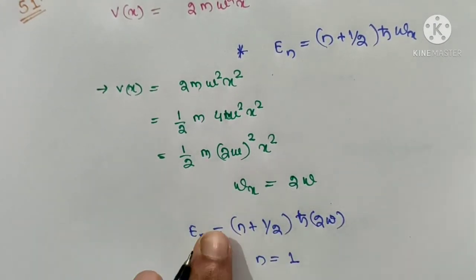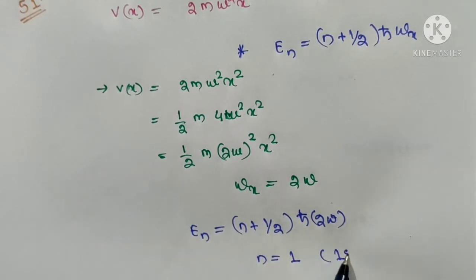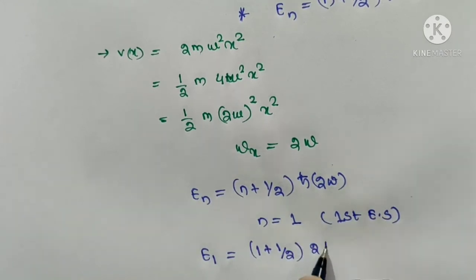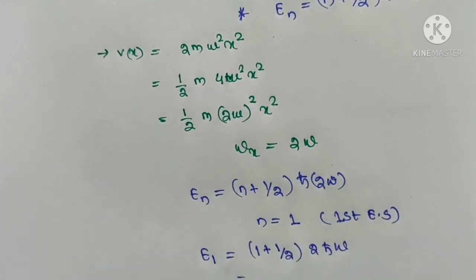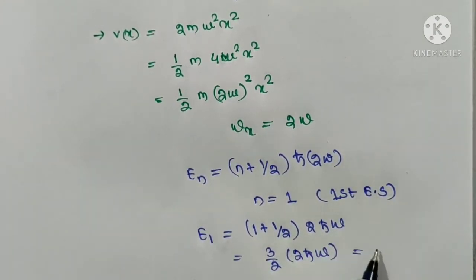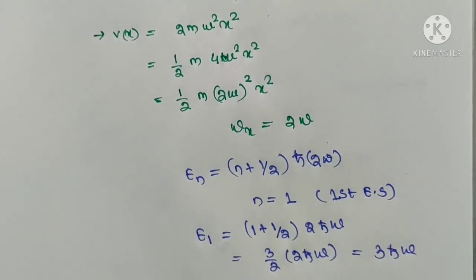For ground it is 0, and for the first excited state n equal to 1. So energy equal to 1 plus half, 2 times h cut omega, or it is equal to 3 by 2 times 2 h cut omega, or equal to 3 h cut omega. So your correct option is option D.